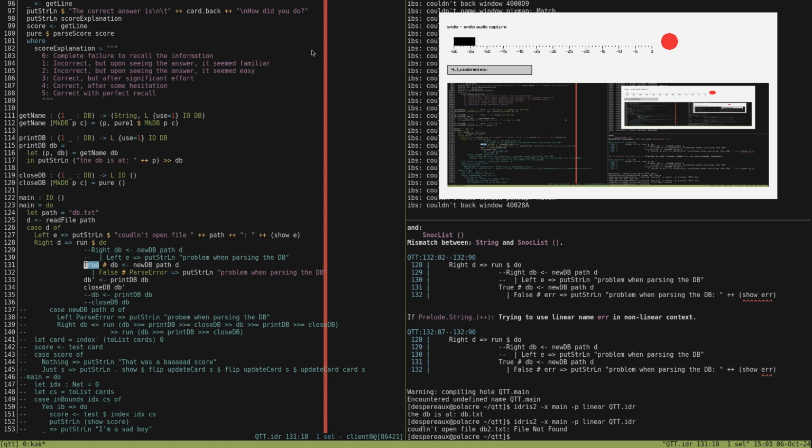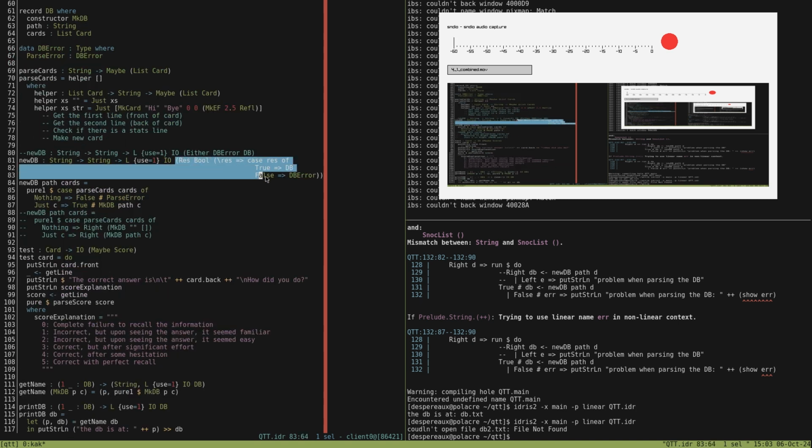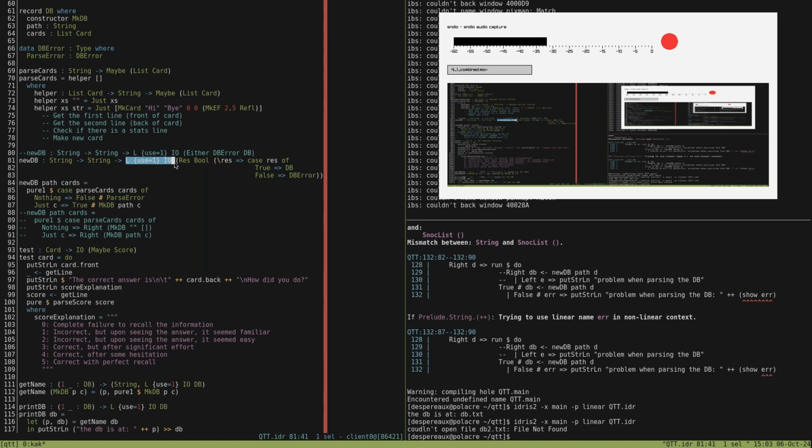So basically, you have to wrap it in another type. Why do we need this, though? It's not clear to me why we need this at all. Why can't we just use res?